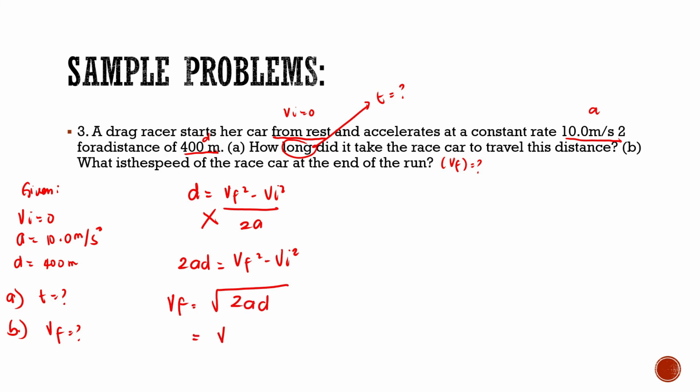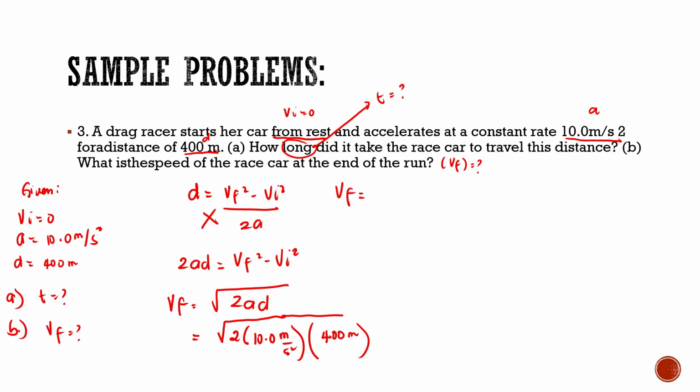Let's substitute. Square root of 2 times your acceleration, which is 10.0 meters per second squared, times the distance of 400 meters. So your VF is equal to the square root of 2 times 10 times 400.